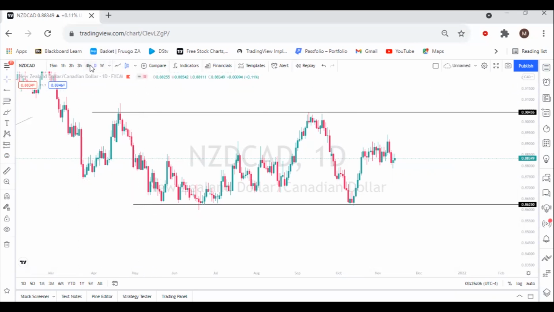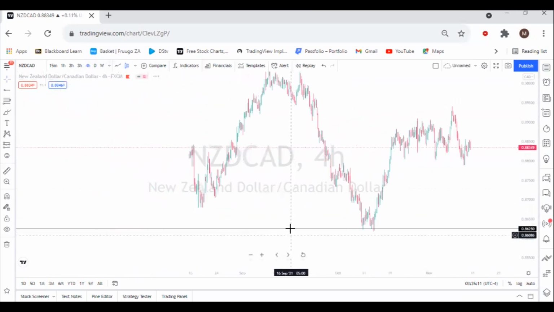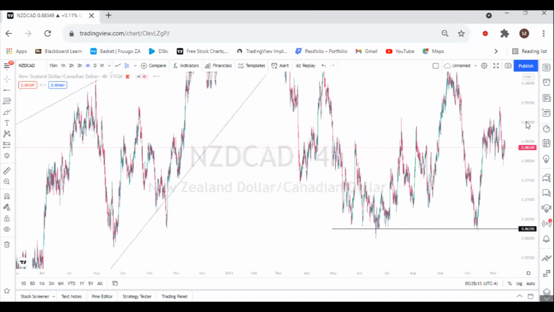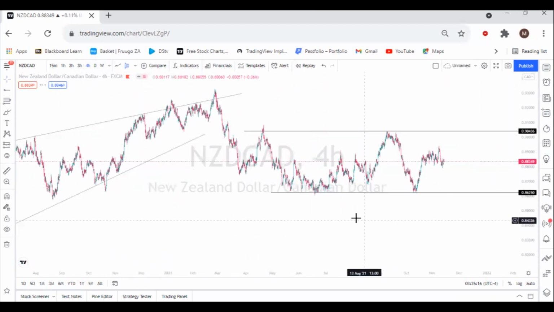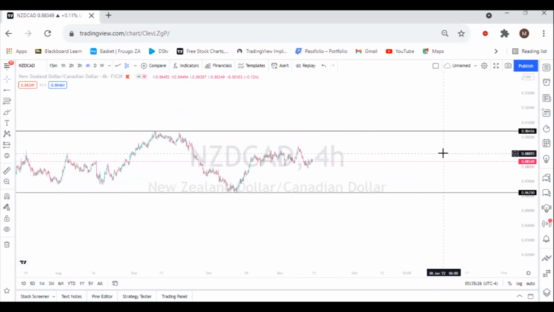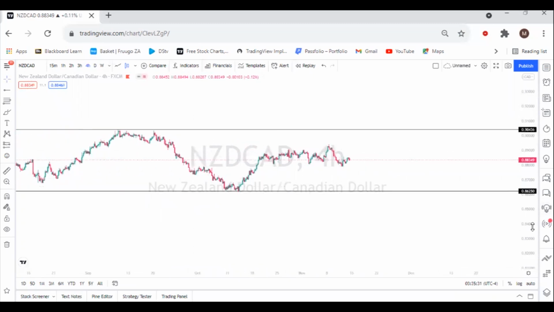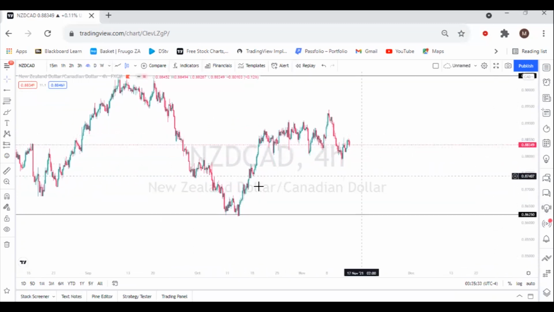So we're gonna scale down to the 4-hour time frame and see what we have. Before I move into the current market, at the support, we had this huge rejection here, and the price just ran off from that touch or rejection with a huge impulse, followed by a correction, which is what we're looking for to our third touch.